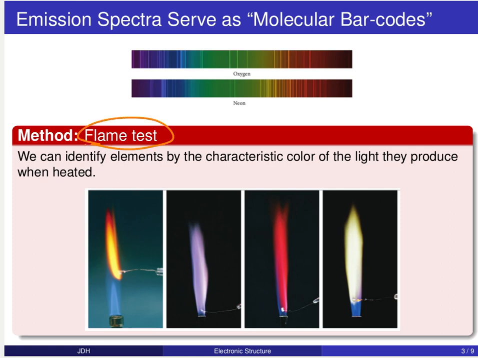So a flame test uses the energy from a flame, from burning some sort of hydrocarbon, to create high energy or excited molecules or atoms, and then once those molecules are excited, we can observe that emission process of those high energy states going back down to low energy states and the subsequent emission of a photon. We observe that photon and we see these nice different pretty colors illustrated here for the four different representative elements.